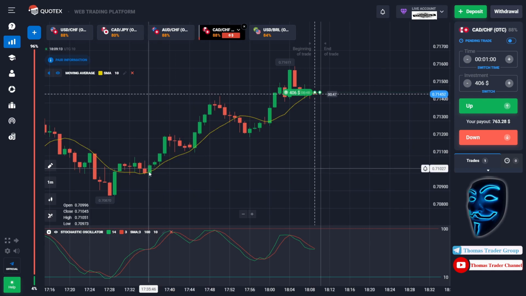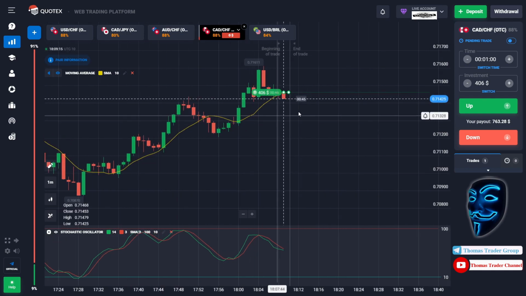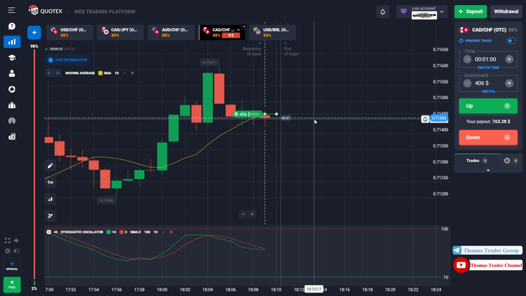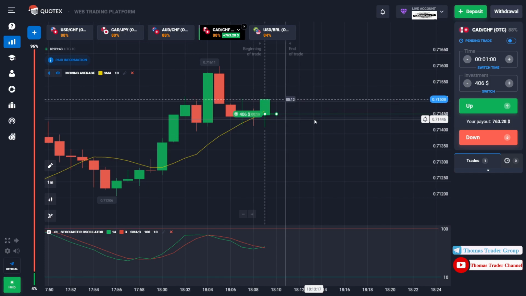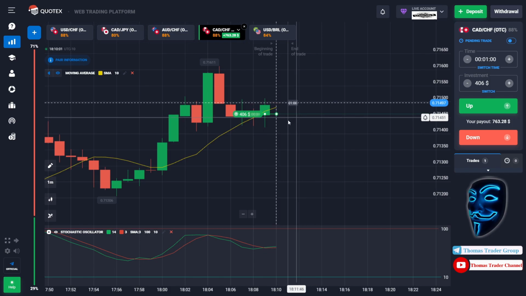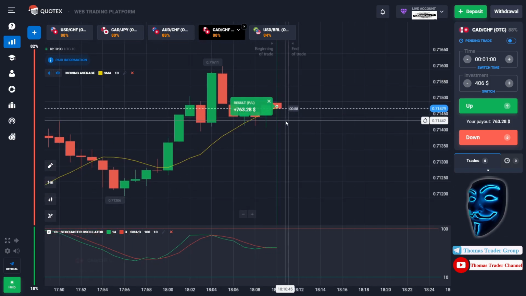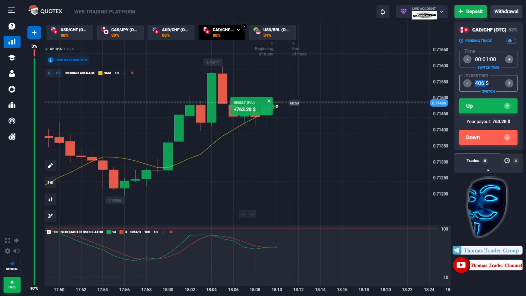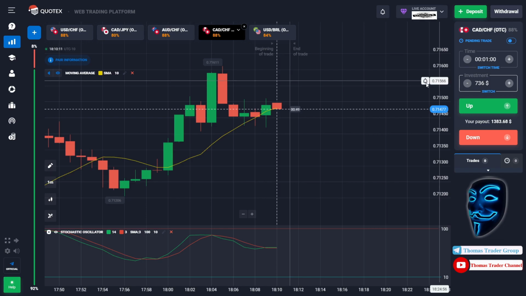This is the example, and let's prove it, and let's wait till the end of our trade. We made a right prediction again over here. We made a profit of $763.